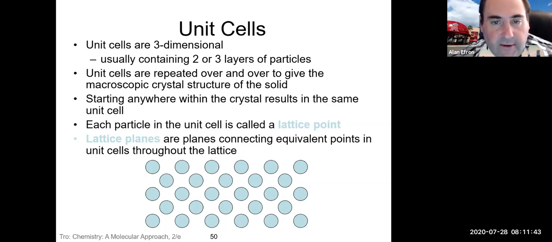We could just continue on and we would continue to rebuild it. So unit cells are three-dimensional, usually containing 2 or 3 layers of particles. Different layers, when you put it back together, give you that entire 3D structure. And unit cells are repeated over and over to give you the crystal structure of that solid.